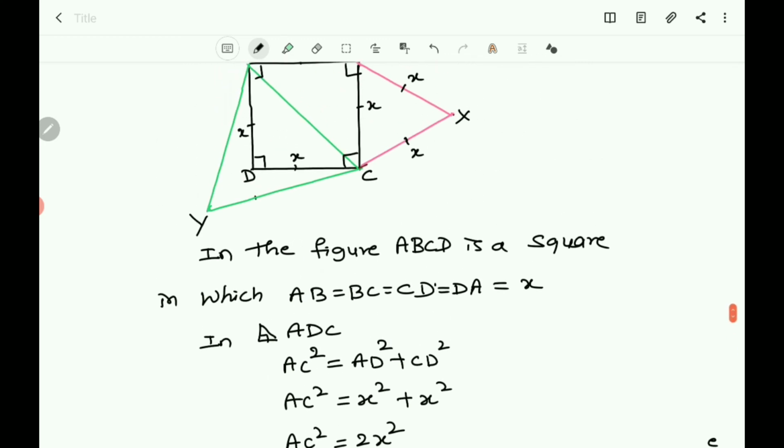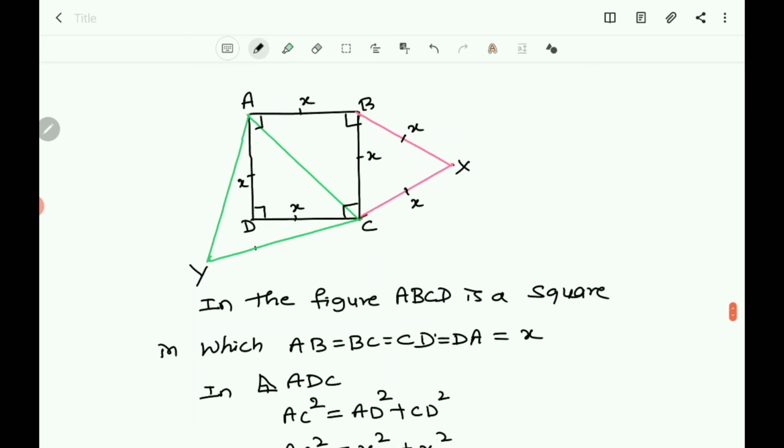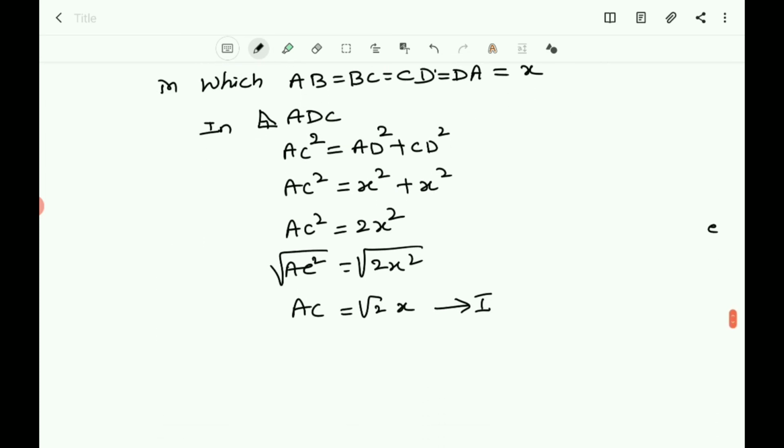And here both triangle BCX and triangle AYC are equilateral triangles. And the formula to find the area of the equilateral triangle: what is the formula?